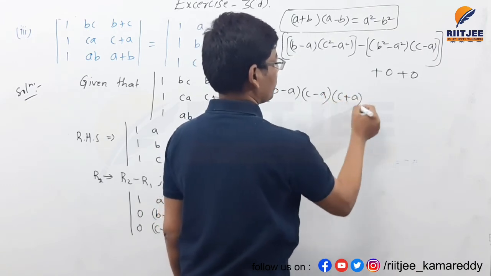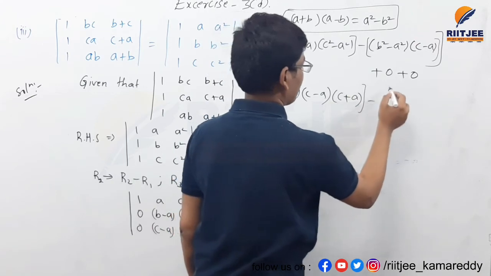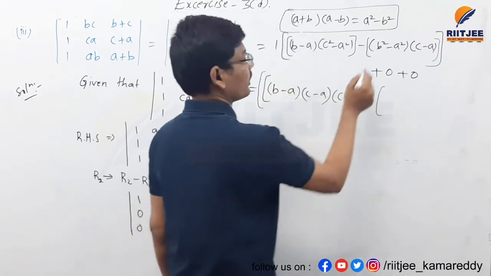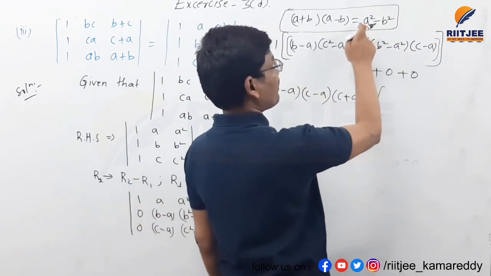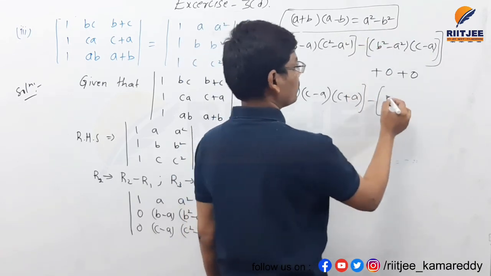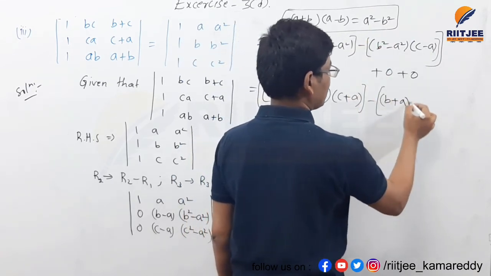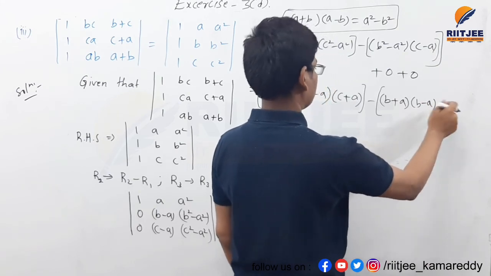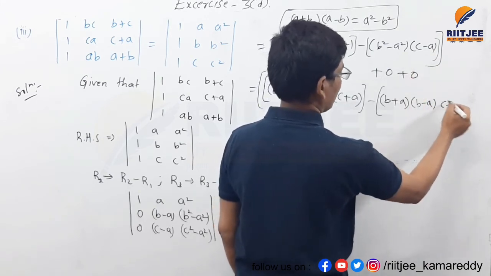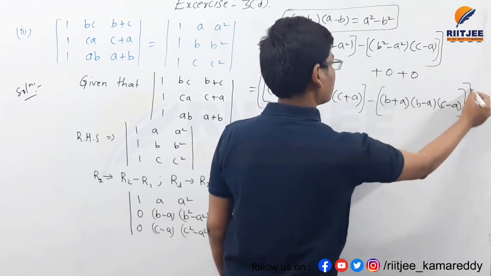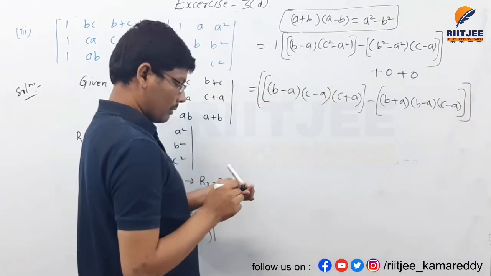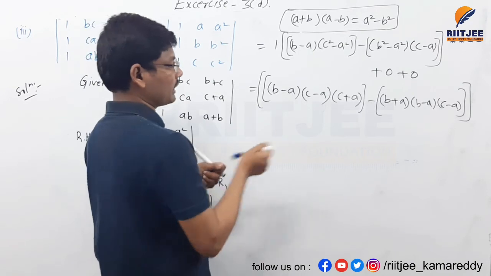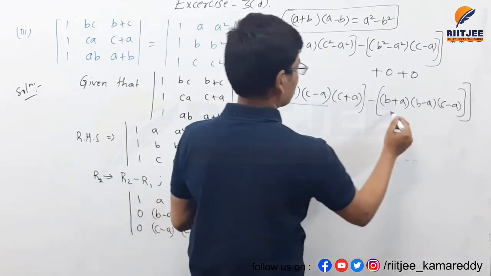Next, this term minus of this term, B square minus A square, it is in the form of A square minus B square again. So I am writing B plus A into B minus A. Next minus into C minus A common as it is. Next, if you observe in these two terms, this is one term and this is one more term.